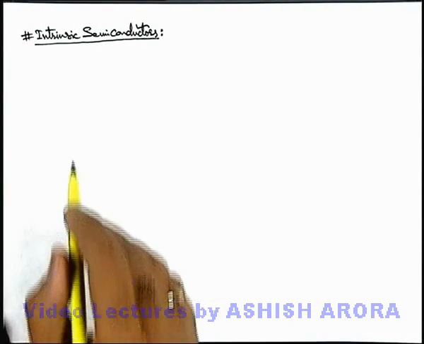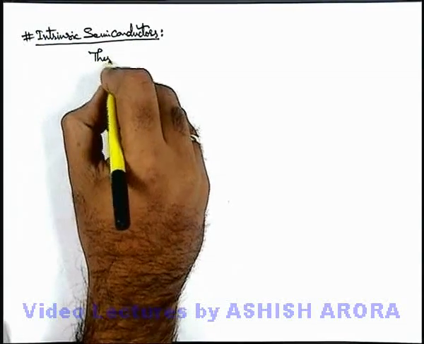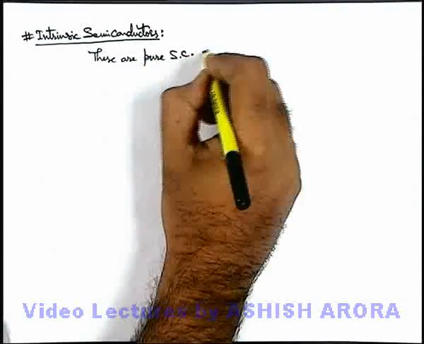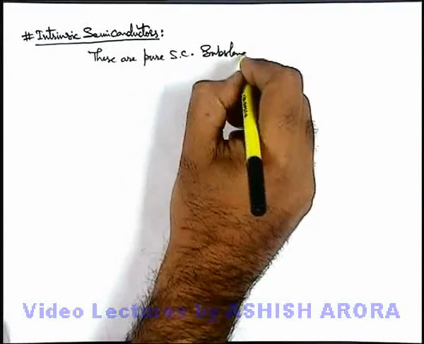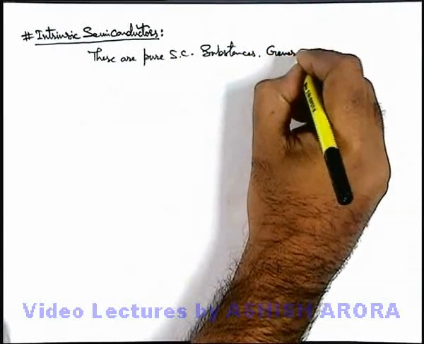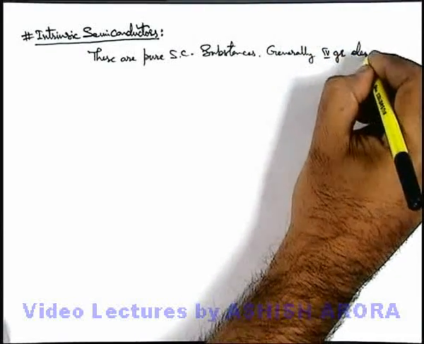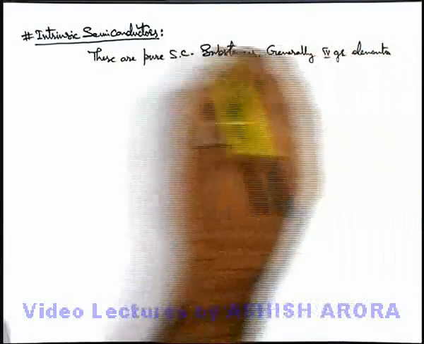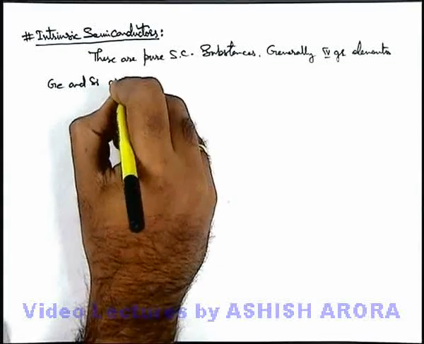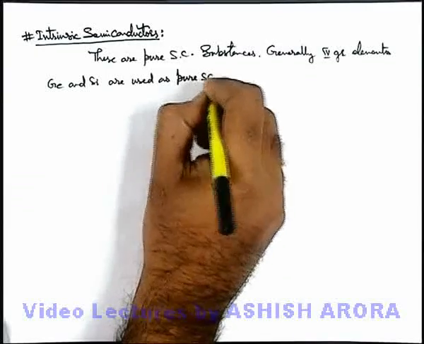Let us discuss intrinsic semiconductors. As we already discussed, these are pure semiconductor substances, and for pure semiconductors generally fourth group elements, in which generally germanium and silicon, are used as pure semiconductors.